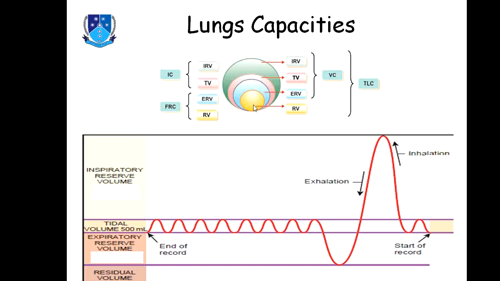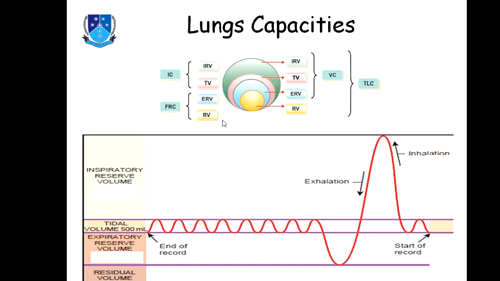So the combination of residual volume and expiratory reserve volume, these two combined together, make the functional residual capacity. This is the volume of air which exists inside the lung after normal expiration, after normal tidal expiration.